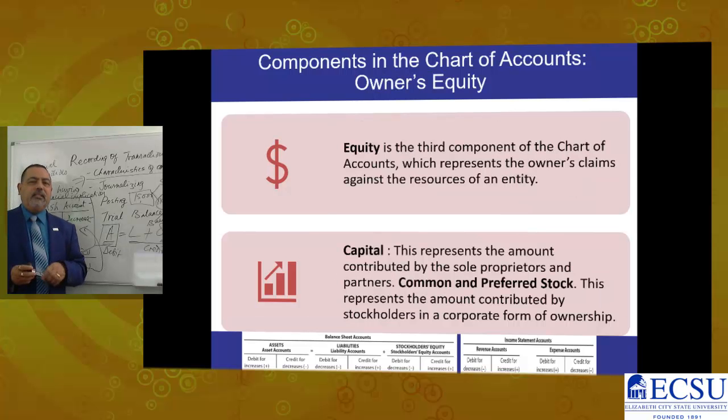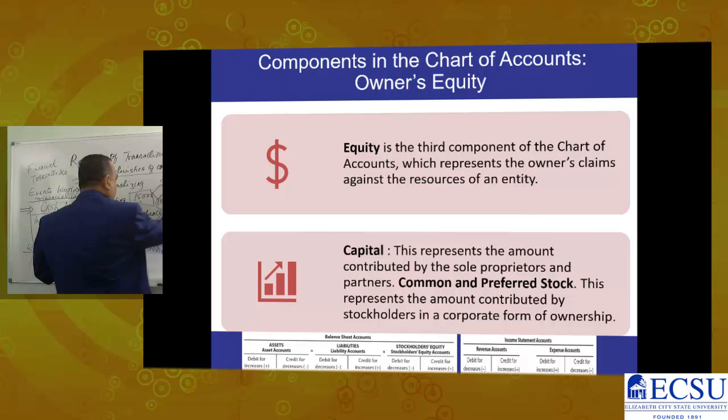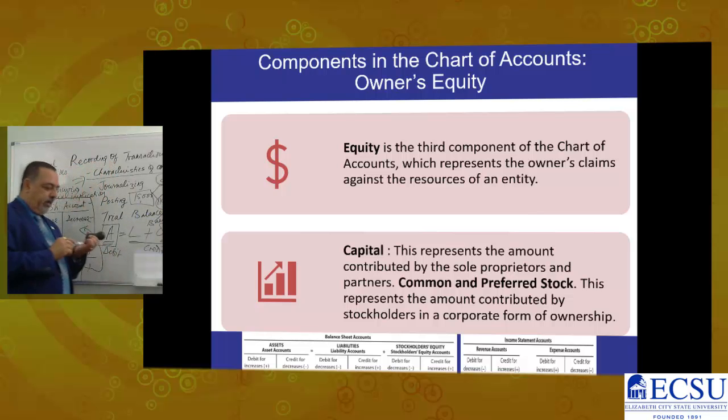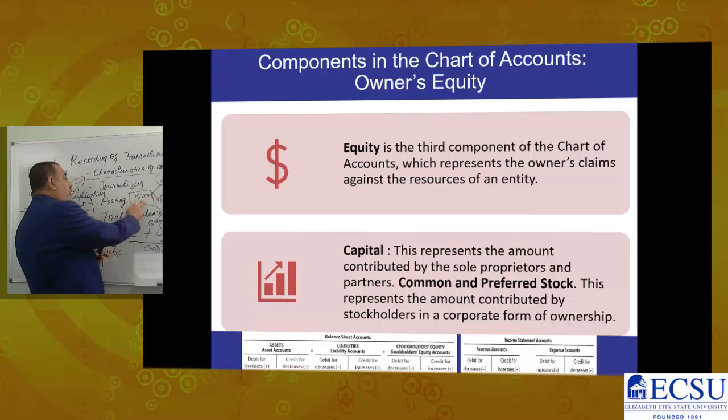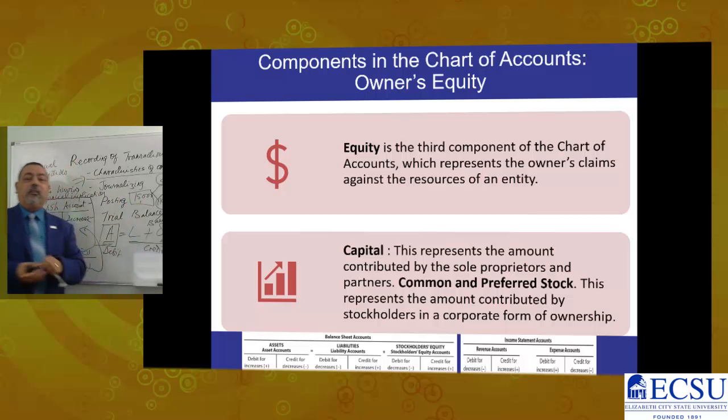The third element in the balance sheet is the equity. As I just gave you an example, the $5,000 I put in to buy my car will be considered equity, because that's the amount the owner has a claim over that 15,000 worth of car. So that is your equity, and equity has different terminologies.